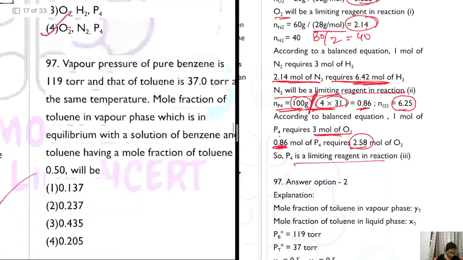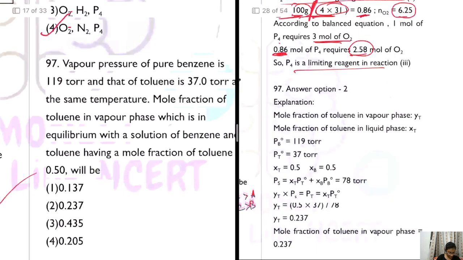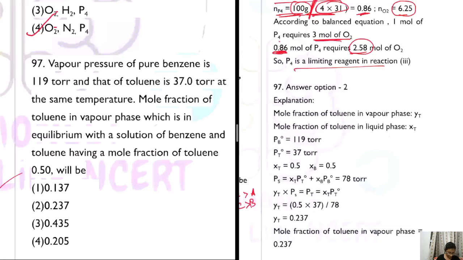Vapor pressure of pure benzene is 119 torr and that of toluene is 37 torr at the same temperature. Okay. So we have PB naught and we have PT naught. What is the mole fraction of toluene in the vapor phase, which is in equilibrium with a solution of benzene and toluene having a mole fraction of 0.5? 0.5 is the mole fraction of toluene.